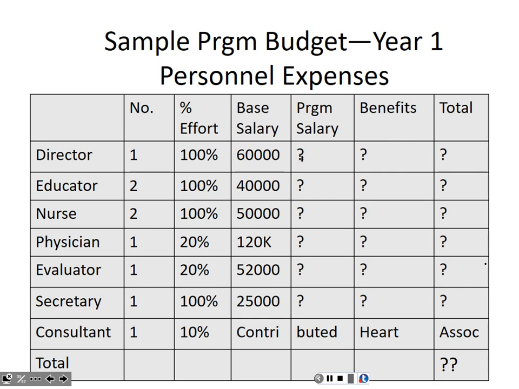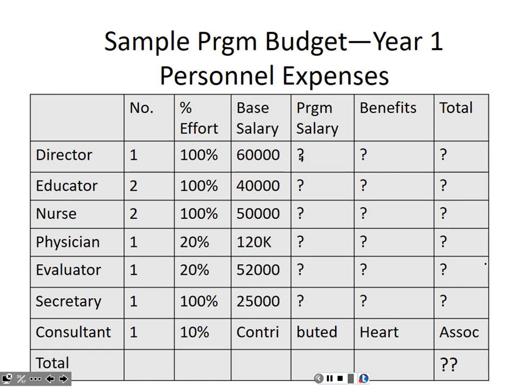The benefits is 0.35 times the program salary, not times the base salary.